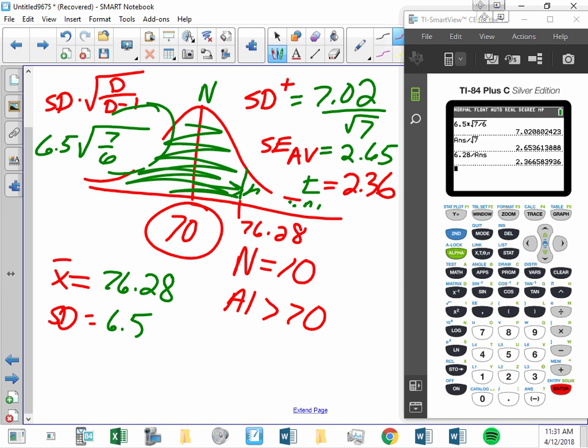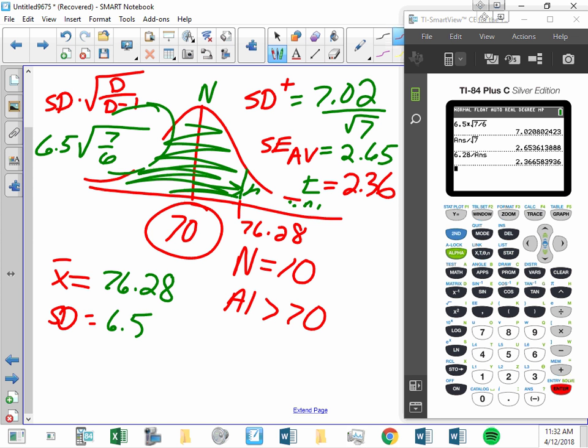Okay? But we're not using a z-table, we're using a t-table. So go to A105. Degrees of freedom is 6. And I need to find 2.36. Where is 2.36? 2.36 is between 5 and 2.5.